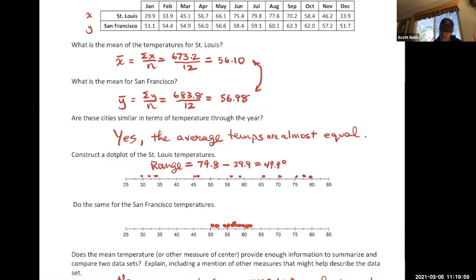The hottest monthly average was 62.3 minus the coldest, looks like 51.1.